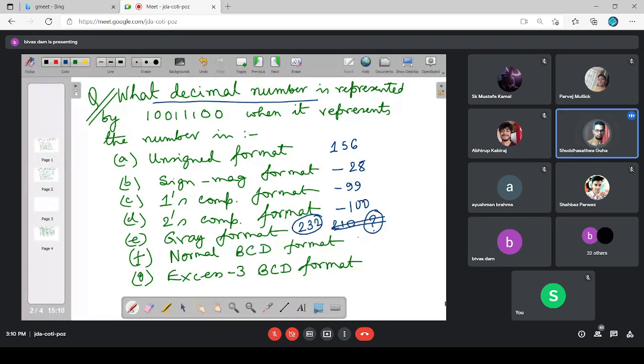It's 156 only, sir. No. Okay, leave that normal BCD. Go for that excess-3 BCD.